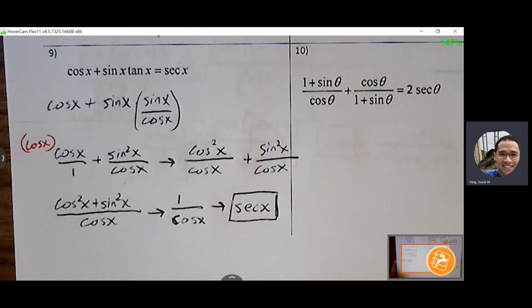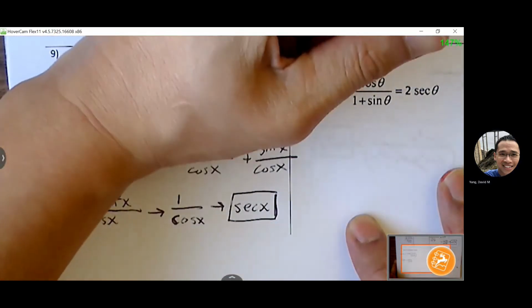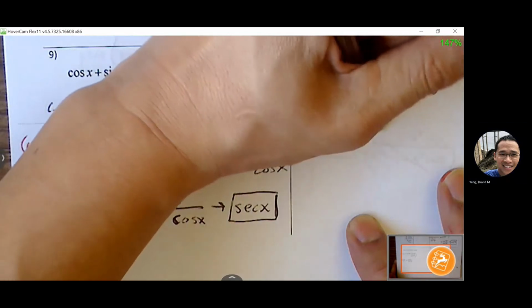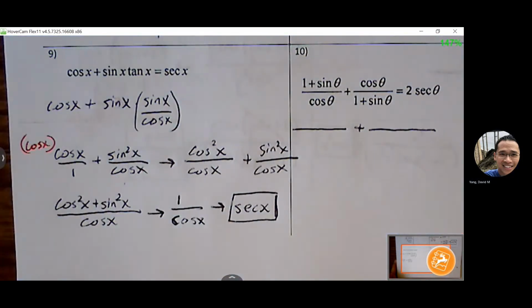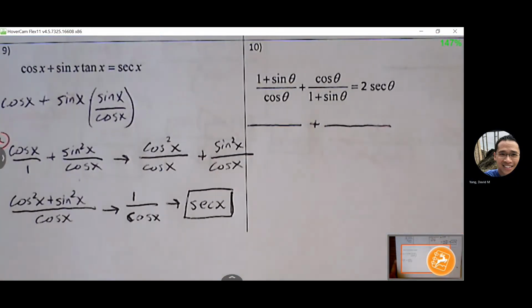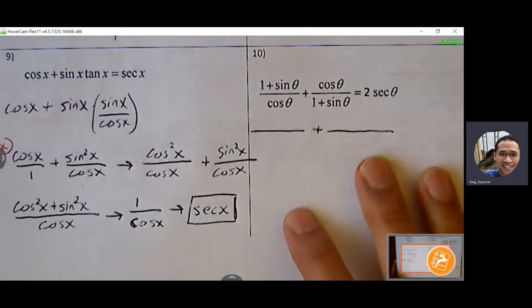I only see one term on the right, so I have to merge them one way or the other, so common denominator. Okay, what's our common denominator? Yeah, we need both, right? They're completely separate things. We need both to be part of our common denominator.